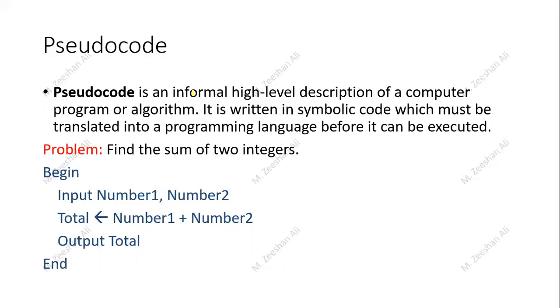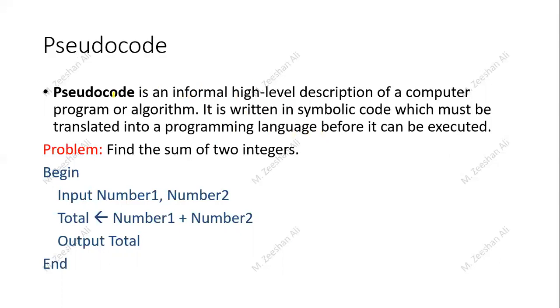Okay, it contains the description and the solution of a problem, step by step. As we have discussed earlier, the pseudocode is a type of algorithm. So don't go away from that point, that the algorithm is the step-by-step solution of any problem.